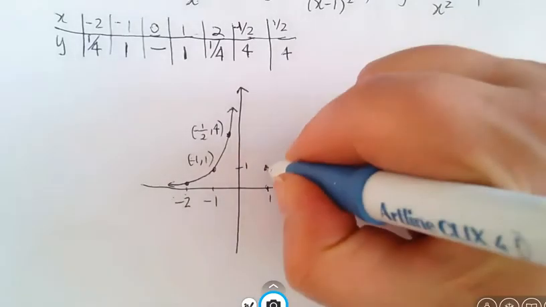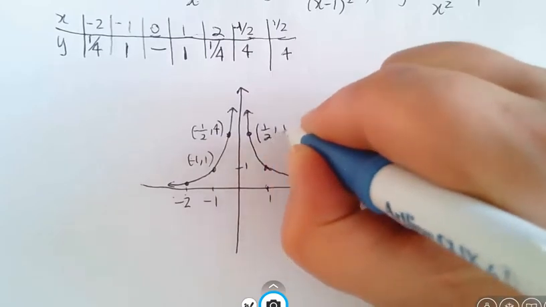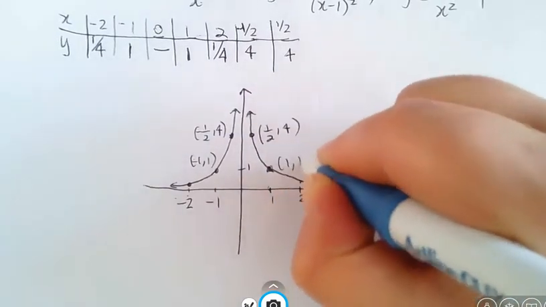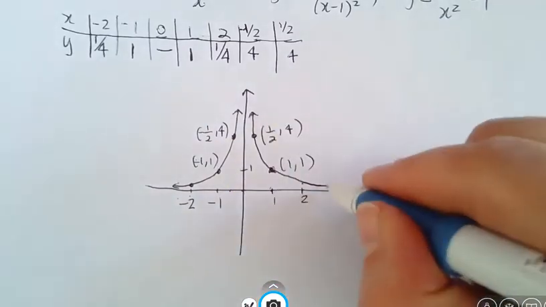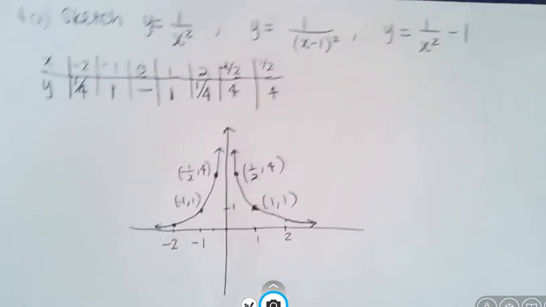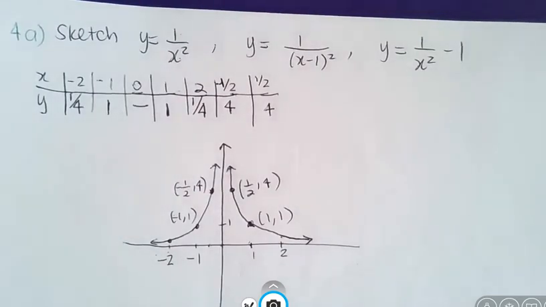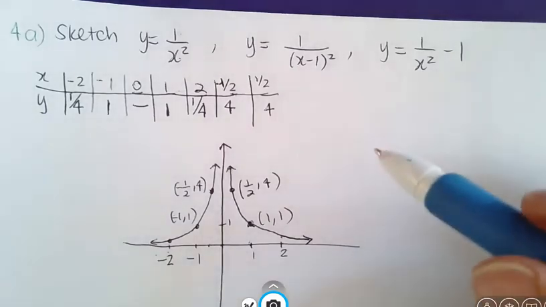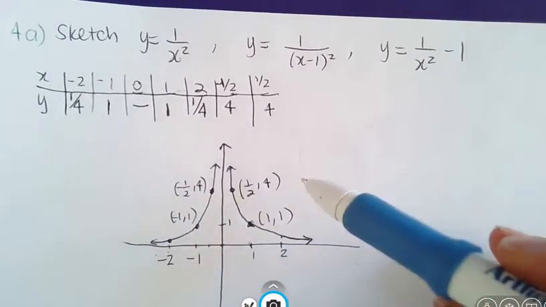Look, if you sketch, this is what it looks like. Here I've got 1/2, 4. I've got 1, 1. This was negative 1, 1, and negative 1/2, 4. That's what it looks like. It's a hyperbola in the positive and the negative quadrant, but not down there. Why is it never in the lower quadrants?